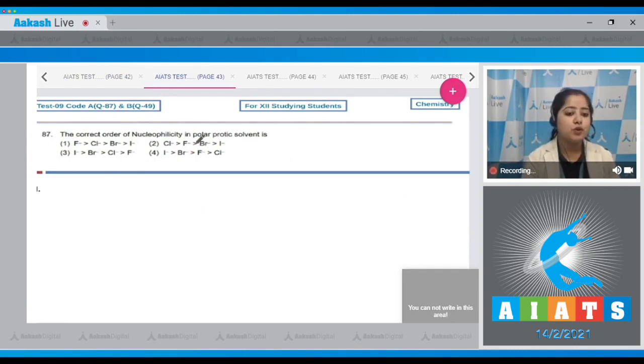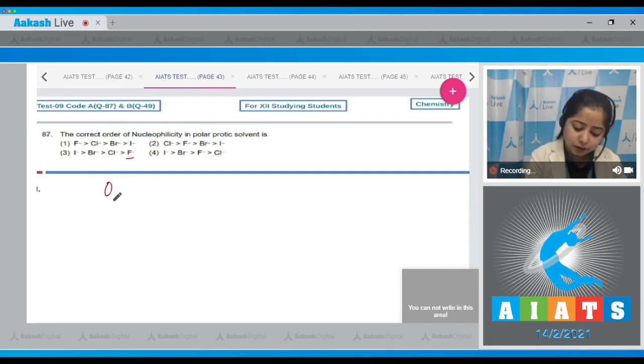Students, in polar protic solvent, the nucleophilicity decreases as the solvation increases. Here, we can clearly see that due to the small size of F minus ion, its solvation will be maximum in polar protic solvent. As a result, its nucleophilicity will be least.